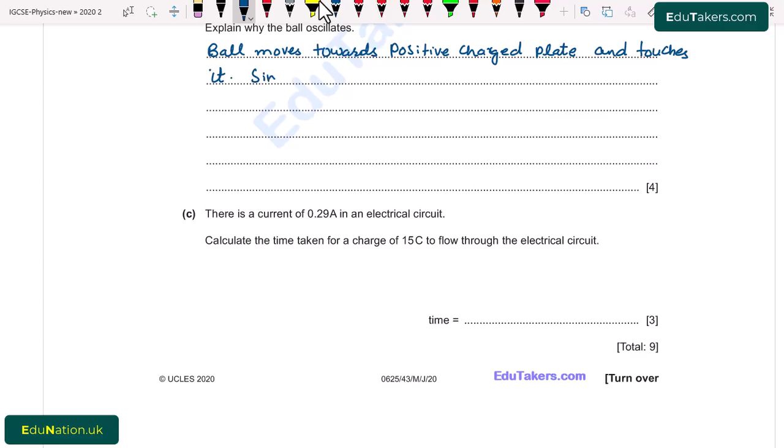Since the ball is made of conducting material, it becomes positively charged.